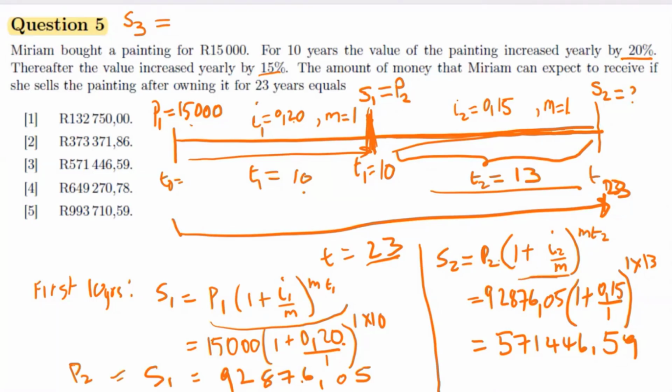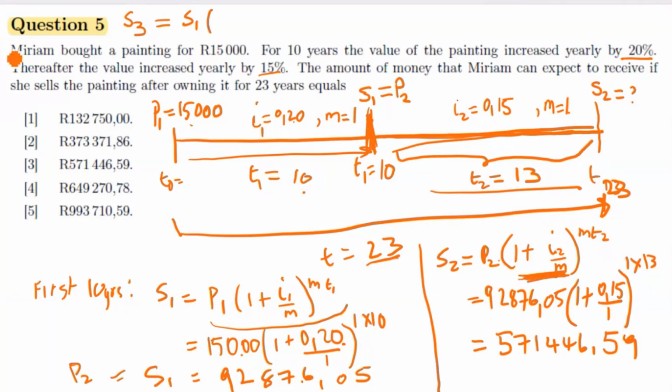So you are going to be having this amount of S1, multiplied by this part.